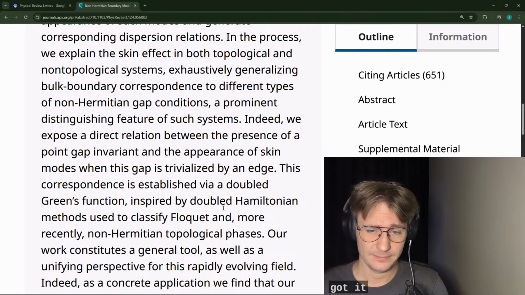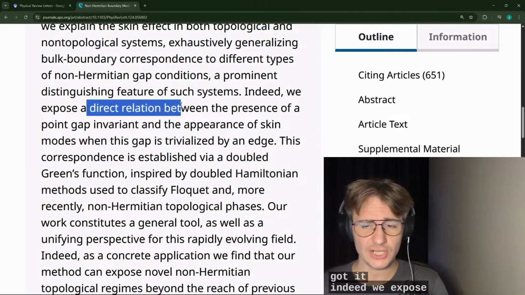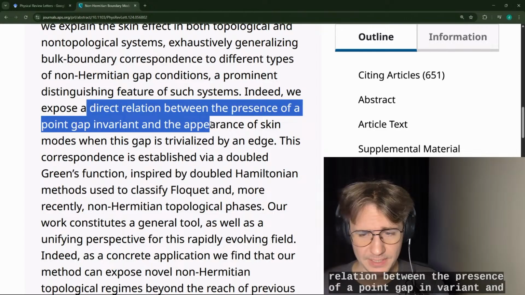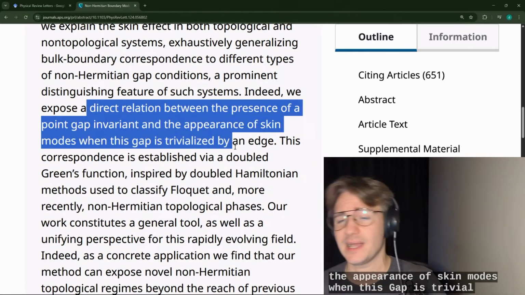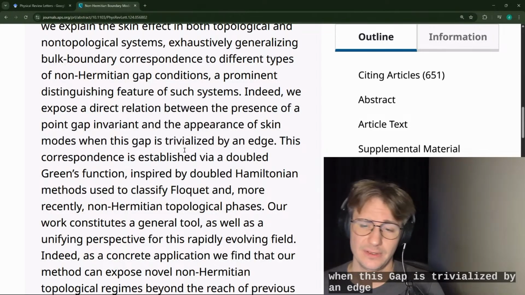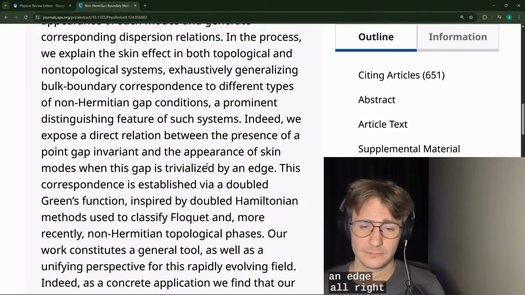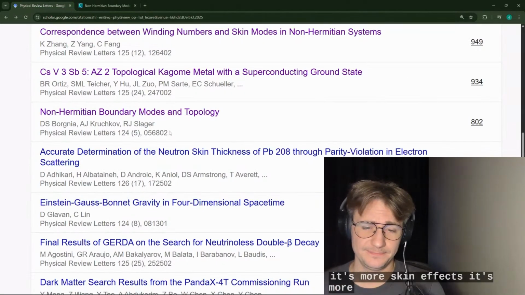Got it. Indeed, we expose a direct relation between the presence of a point gap invariant and the appearance of skin modes when this gap is trivialized by an edge. All right. It's more skin effects. It's more quantum.